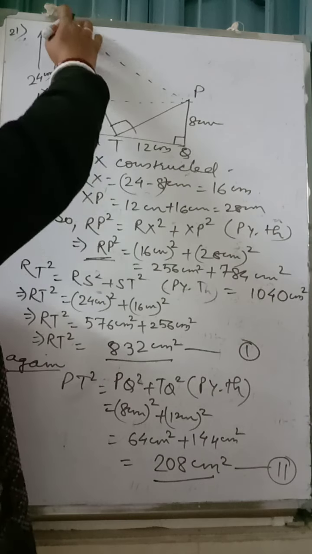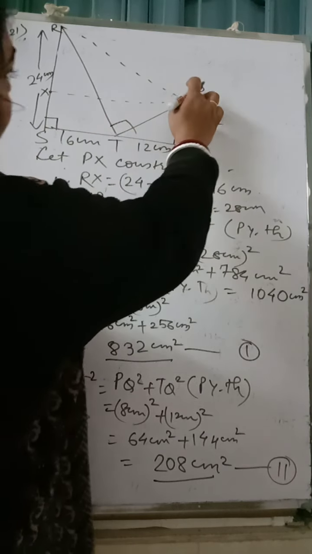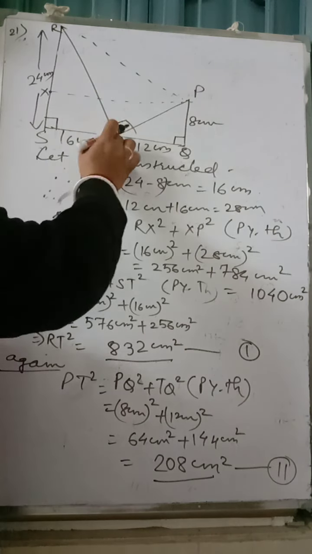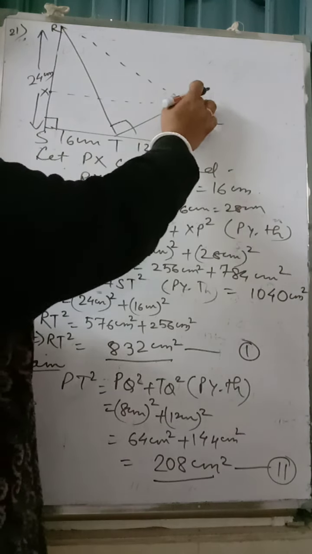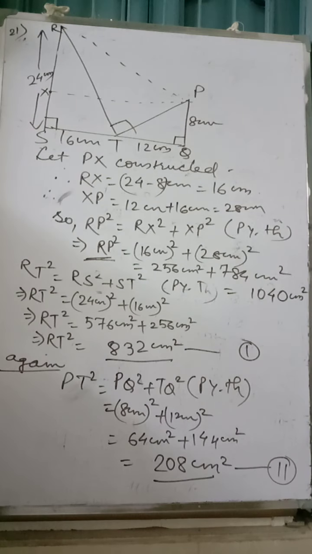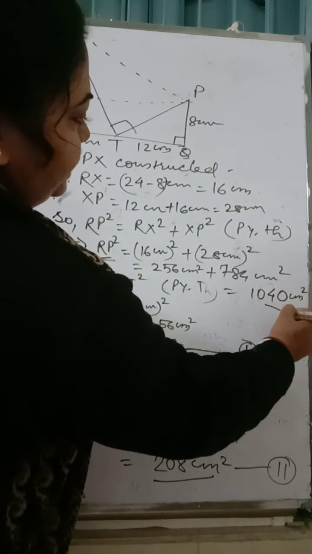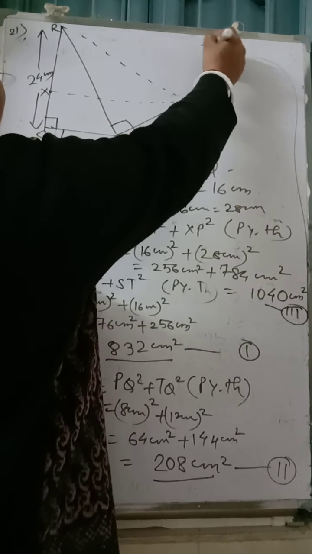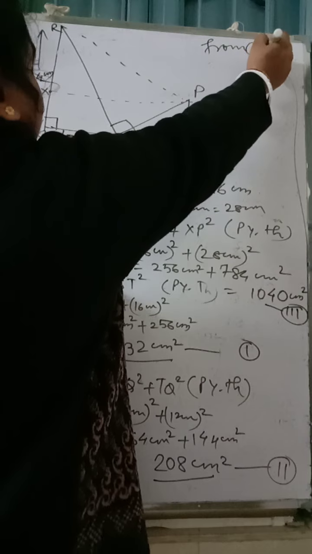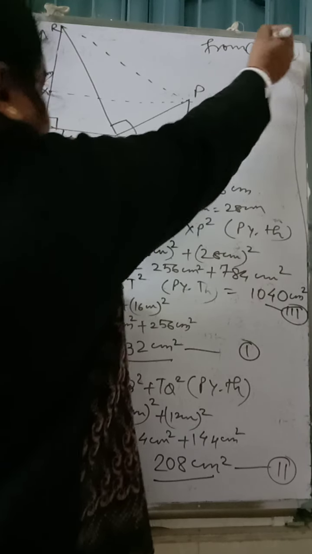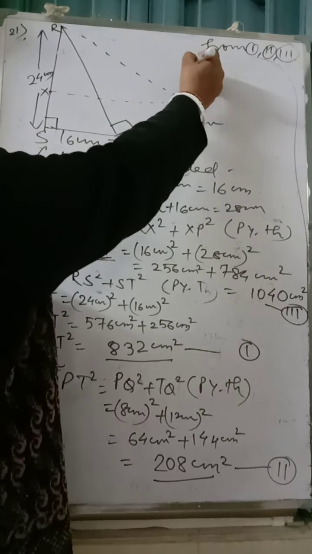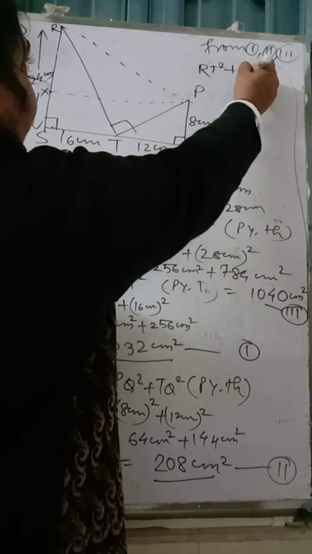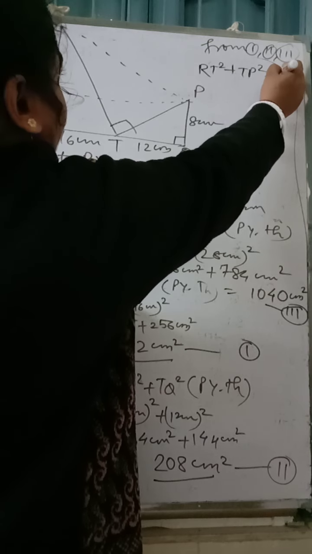Now you see, if RP square is equal to the sum of these two, this angle will be 90. We have got this RT, we have got this PT. So in triangle RTP, if RT square plus TP square is equal to RP square, then the triangle is a 90 degree triangle. From 1, 2 and 3, I can write RT square plus TP square is equal to RP square.